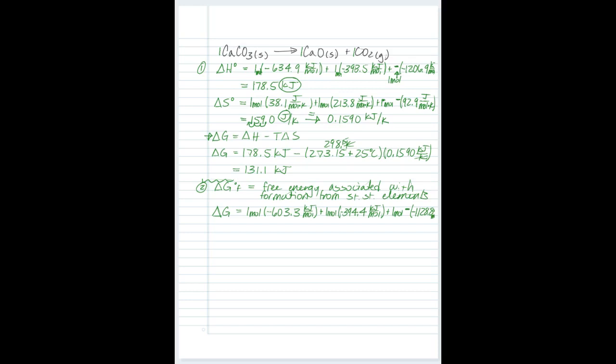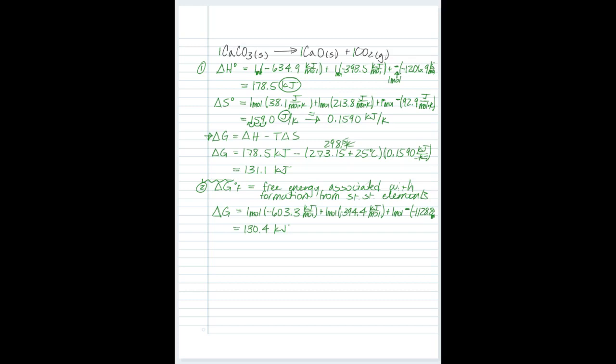And if I do this, I will get 130.4 kilojoules. So it's a little easier way to do it. You'll see that it's slightly different from the value above it. And that's because these are all theoretical values that are based on measurements, and they can be slightly off from each other, but that's pretty close.